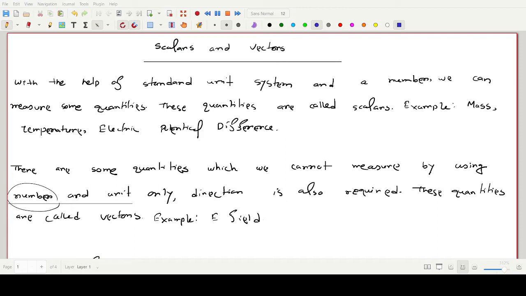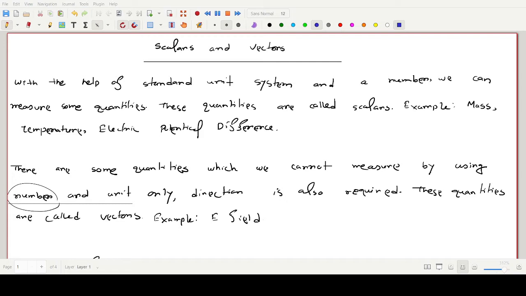These are not the only categories; we have tensors and some other things also, but at this level we are interested in those physical quantities which can be categorized into scalars and vectors.